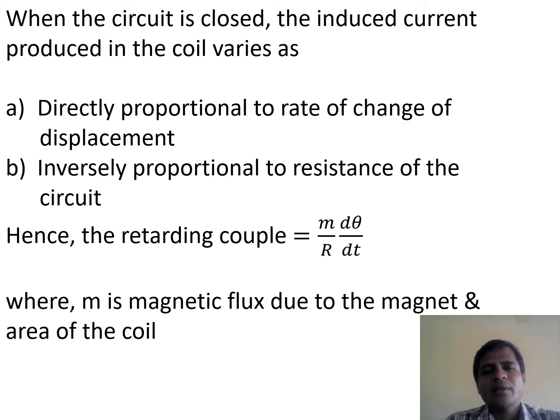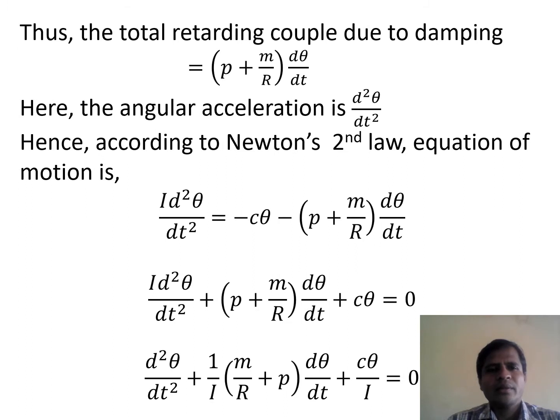Hence, the retarding couple is equal to m upon r into d theta upon dt, where m is the magnetic flux due to the magnet and area of the coil. Thus, the total retarding couple due to damping is equal to (p plus m upon r) into d theta upon dt.